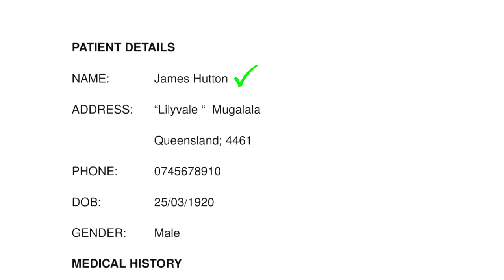Does that nurse need to know the patient's address and phone number so as to provide care? Not necessarily, right? So this is not a relevant point. We'll read further, okay? Gender, male. See, you do not have to specify the gender of your patient in your letter format. So no, this point is irrelevant.